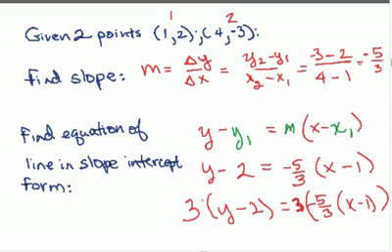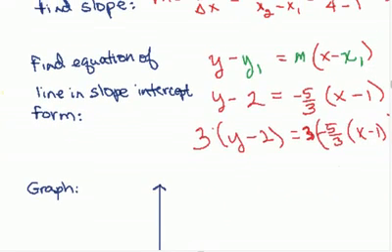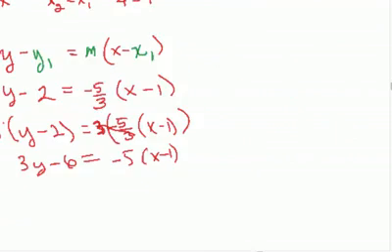So here on the left side, I have 3y minus 6. Here, when I cancel the 3's, the negative 5. And no, you do not need to multiply the 3 times the x minus 1 because the 5/3 is connected to the x minus 1. It's one unit. Otherwise, we would still have a fraction. We're trying to avoid that.